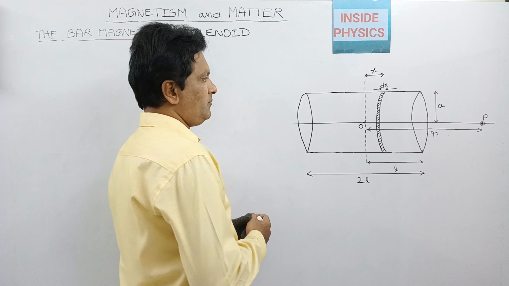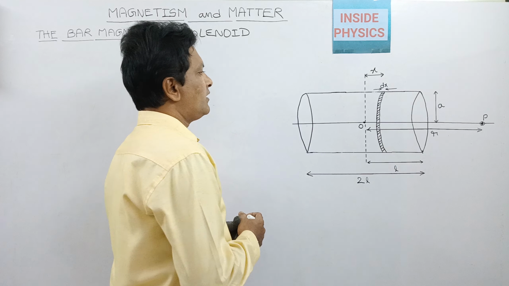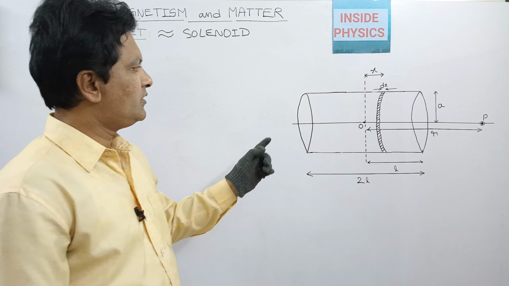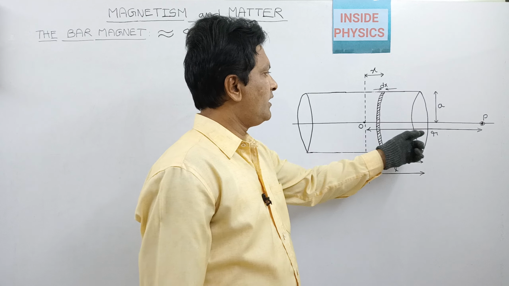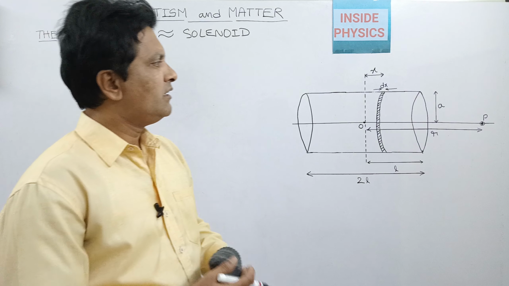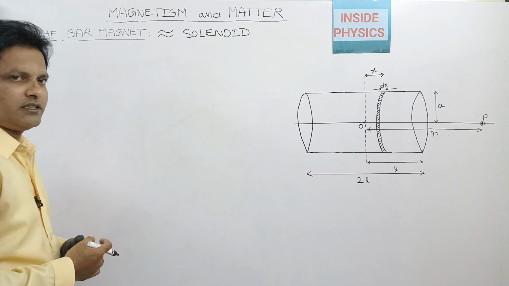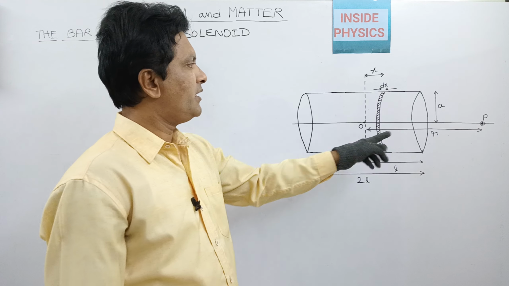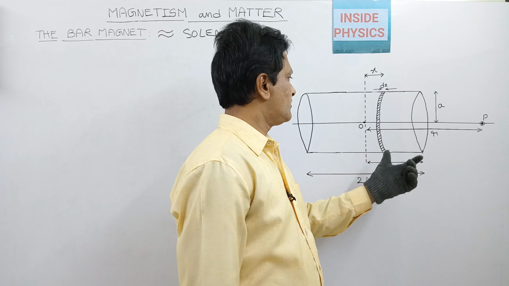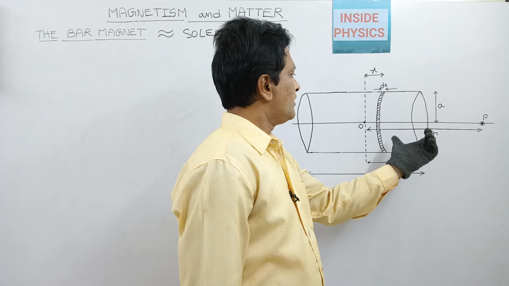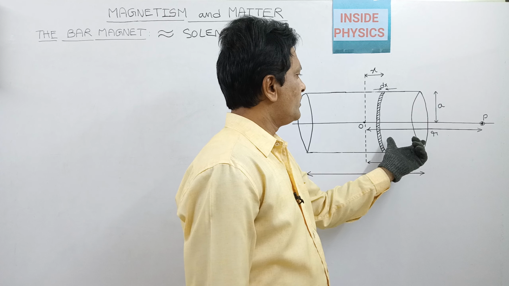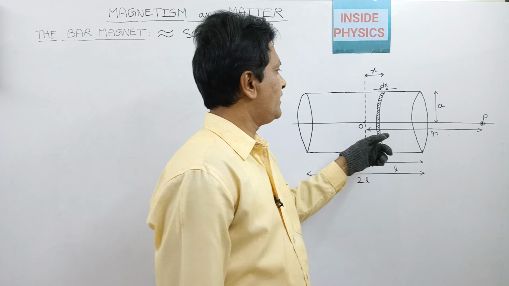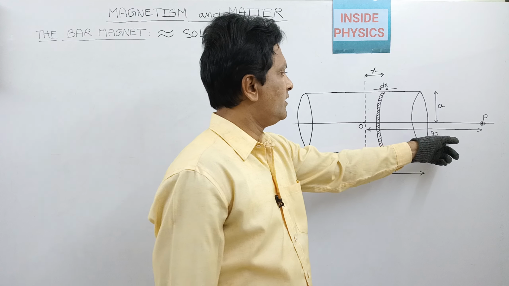We will calculate the magnetic field of this solenoid on its axial line at far distances. Suppose we take a distance r, large compared to the radius and the length of the solenoid, and a point P on the axial line from the center of the solenoid.